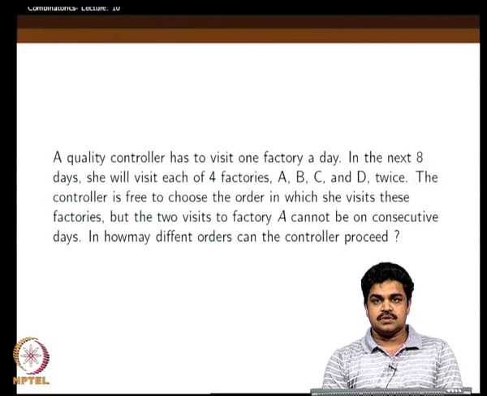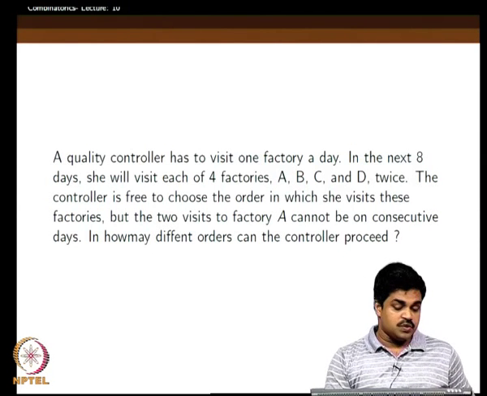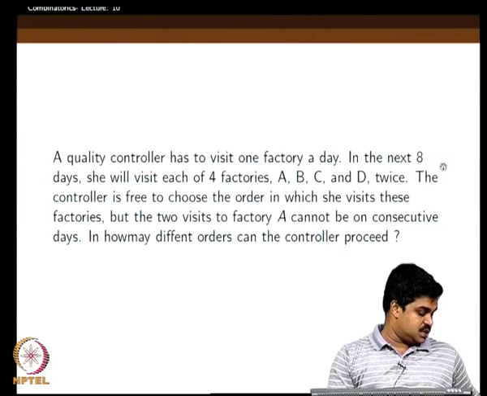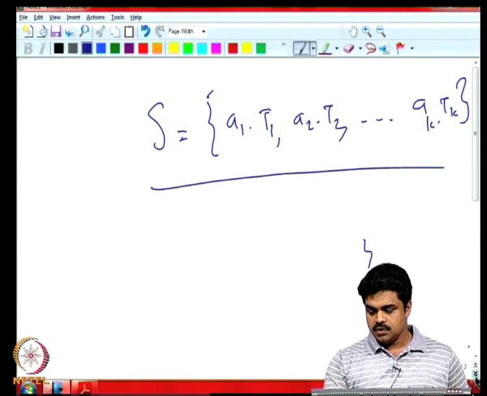So, you should not visit factory A today and tomorrow consecutively. So, how many different orders can the controller proceed? We want to count the number of ways she can do this, the order in which she can visit the factories.